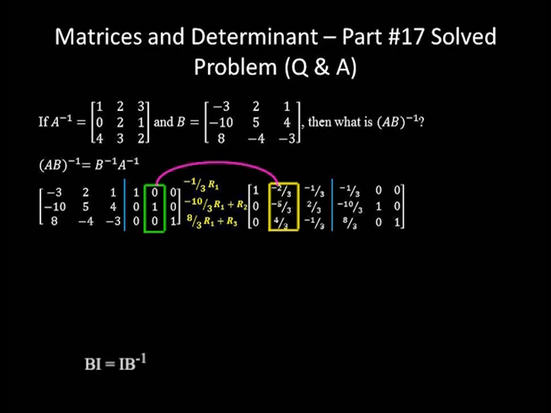If we multiply this 4 over 3 by 1 over 2, it will give us 2 over 3. Thus, we can use the formula 1 over 2 times row 3 plus row 1 to convert negative 2 over 3 to 0. To convert negative 5 over 3 to 1, multiply row 2 by the reciprocal of negative 5 over 3, that's negative 3 over 5.